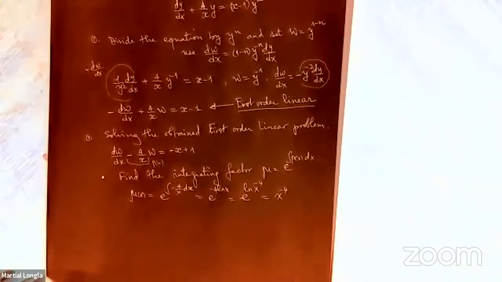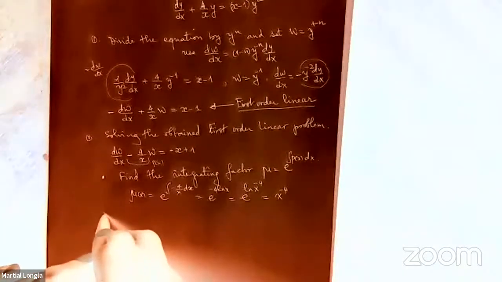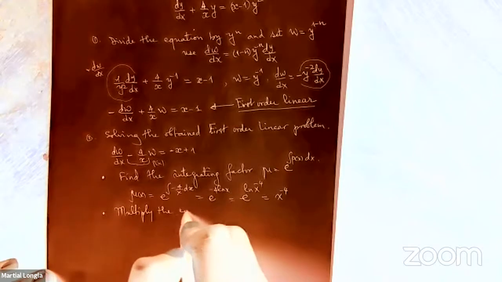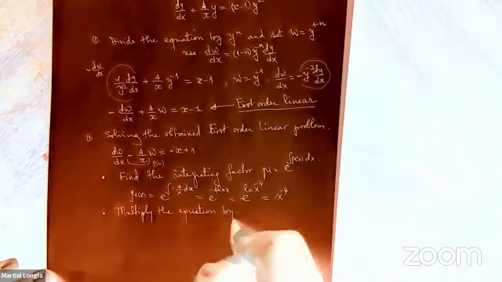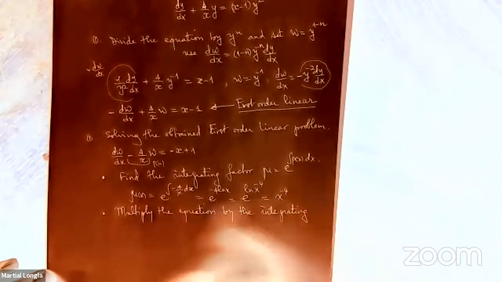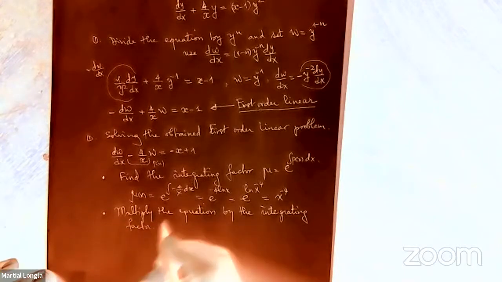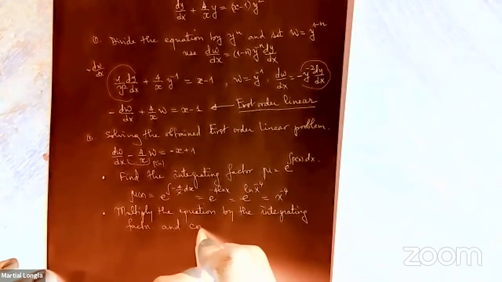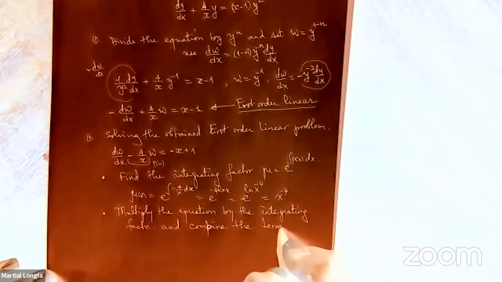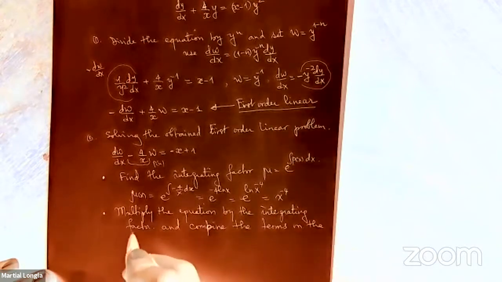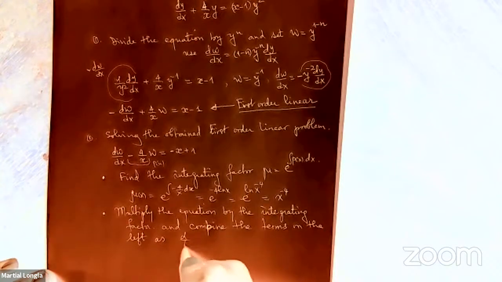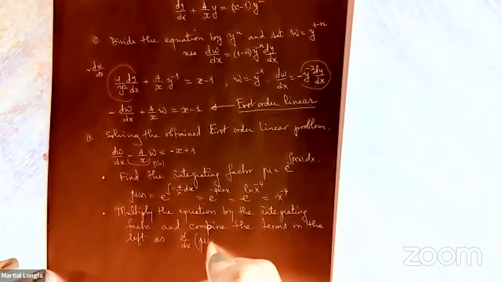And the next thing to do after finding the integrating factor is to multiply the equation by the integrating factor, and combine the terms on the left as d over dx of mu of x and y.